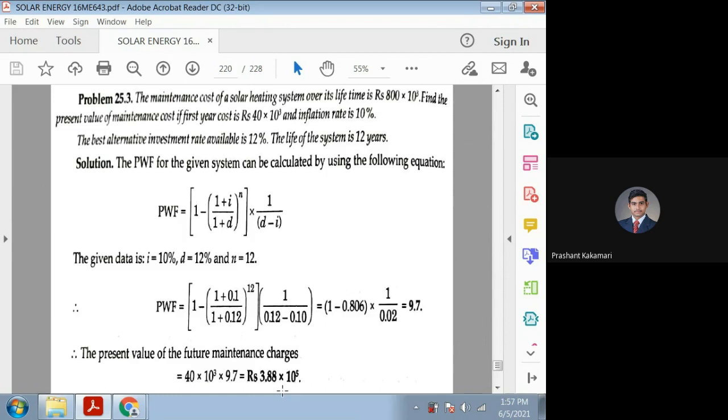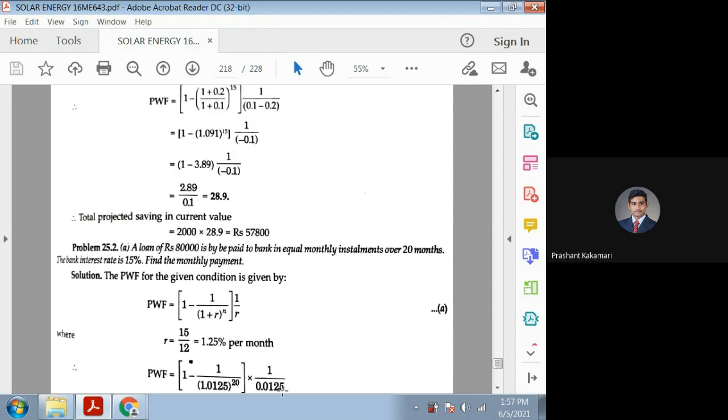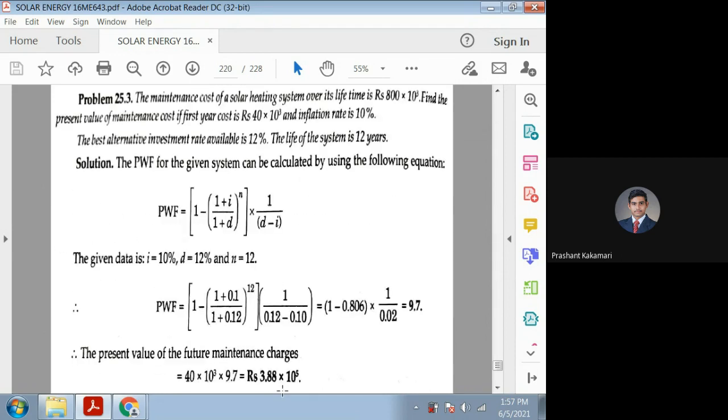If it is only rate of interest without any discount or inflation given, we can go by this equation: 1 minus 1 by 1 plus r raised to n whole bracket into 1 by r. After substituting, you can see the present worth factor is coming around 9.7, and if you multiply, I can find out the present worth value or present value.